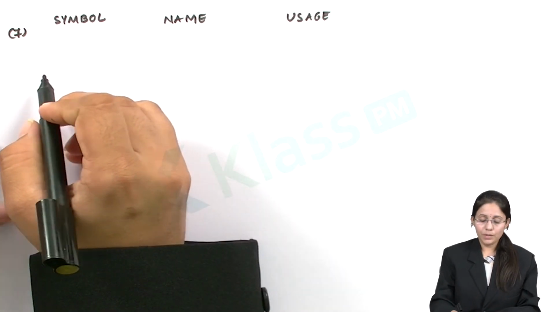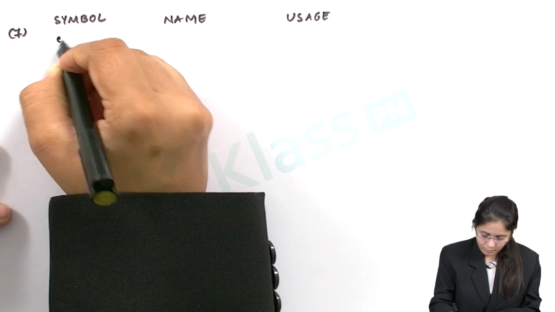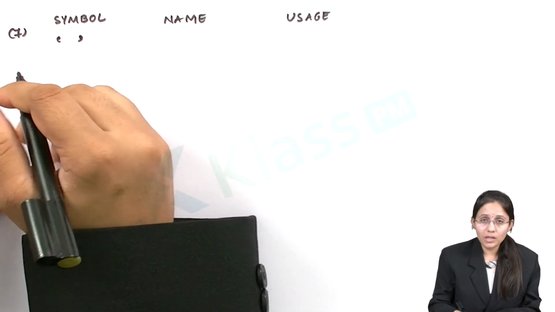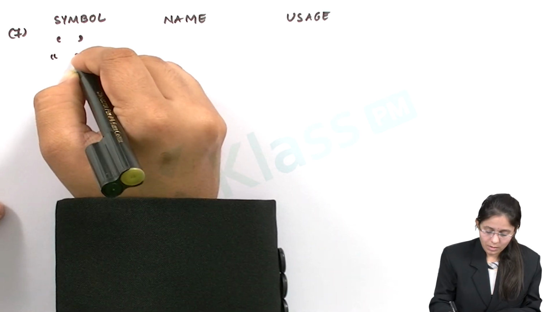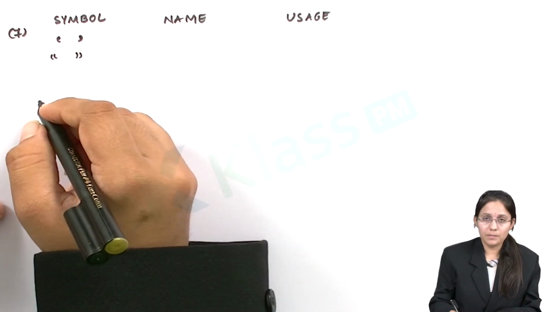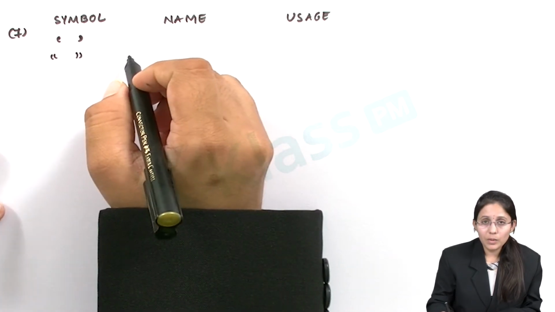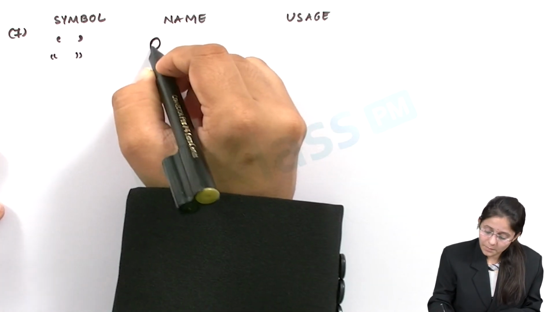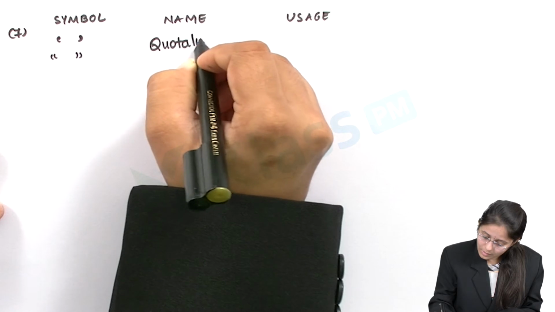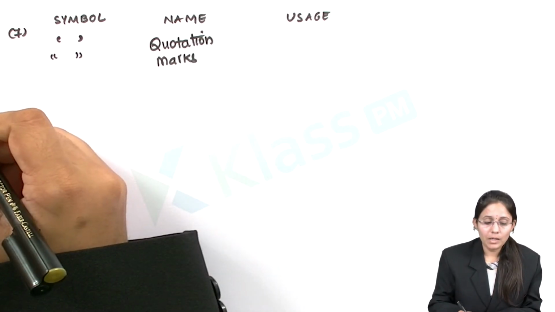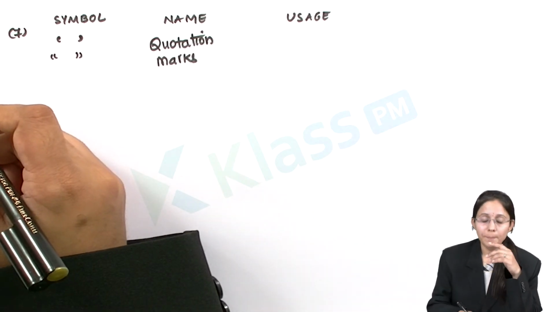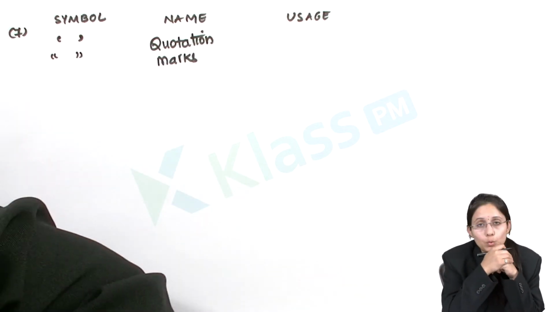So the seventh punctuation mark is like this: inverted commas, single inverted commas and double inverted commas. Okay, so these single inverted commas or double inverted commas can be termed as quotation marks. Now, when are they used?